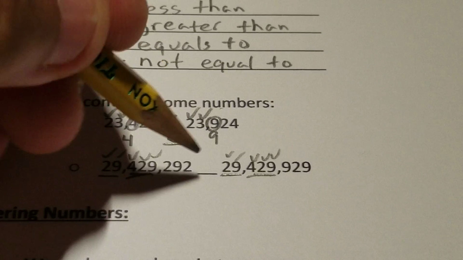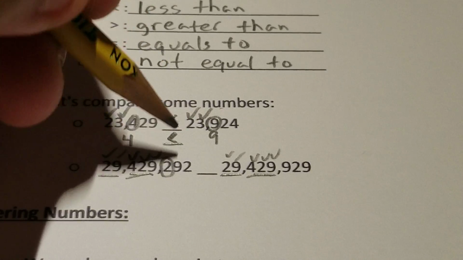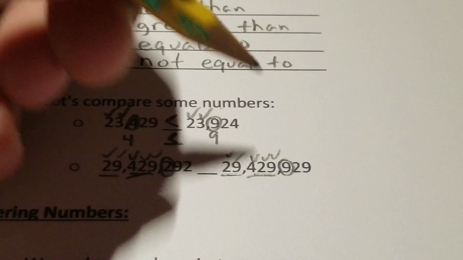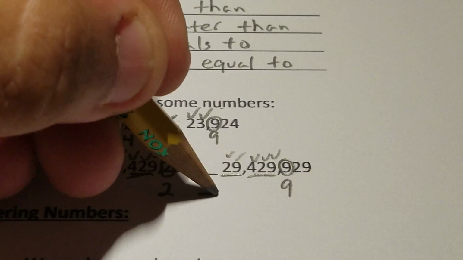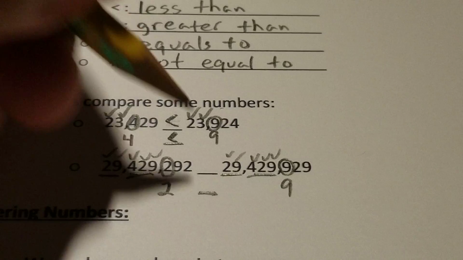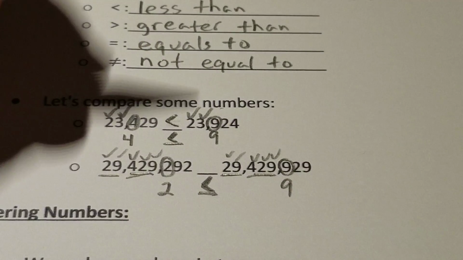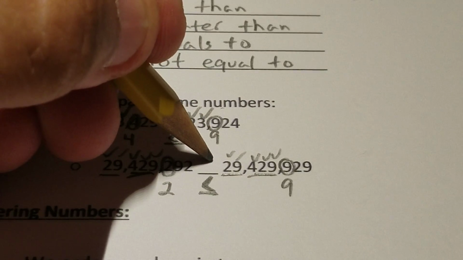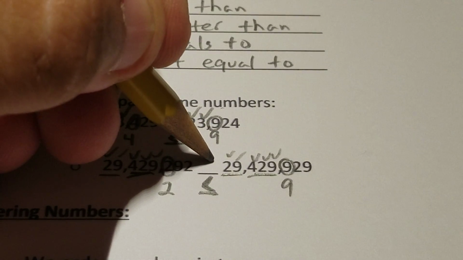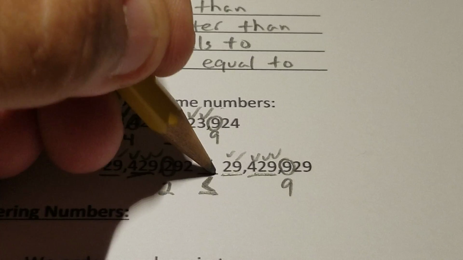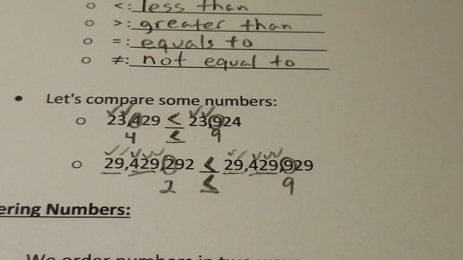Now here, this is where it's different. There's a 2 in the hundreds and a 9 in the hundreds. So 2 and 9. Well, like I said before, like we've learned from kinder, first, and second grade, 2 is less than 9, so therefore the left side number is less than the right side number.